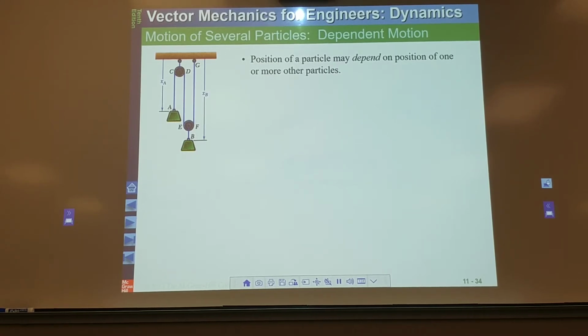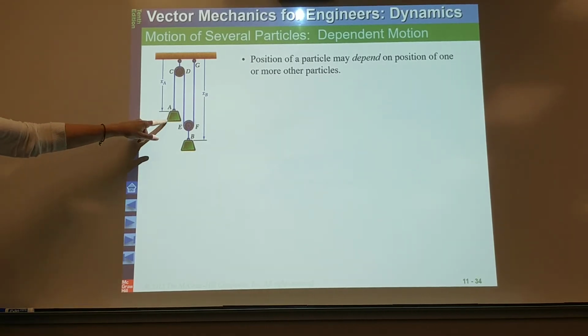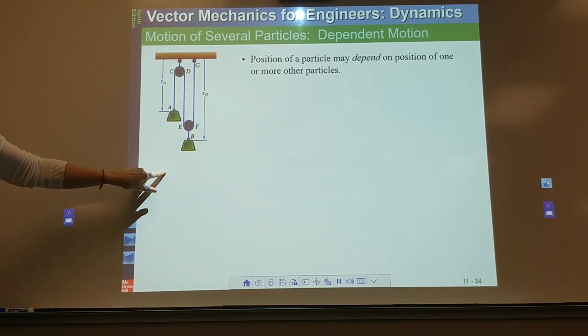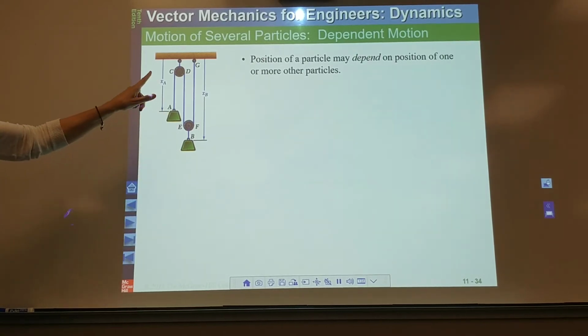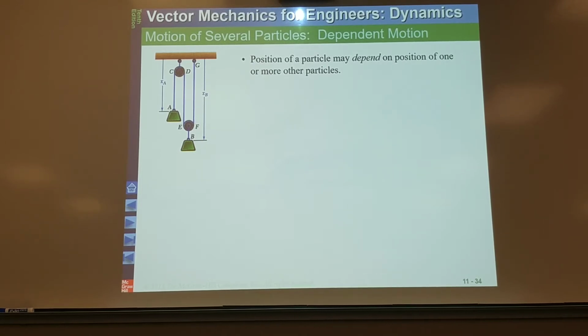And so if you take the derivative of that displacement, you get velocity. So if this moves at 2 meters per second downward, then it's going to move at 1 meter per second upward. And then the same thing with acceleration. Let's say it accelerates 5 meters per second squared downward, then B is going to accelerate 2.5 meters per second upward.